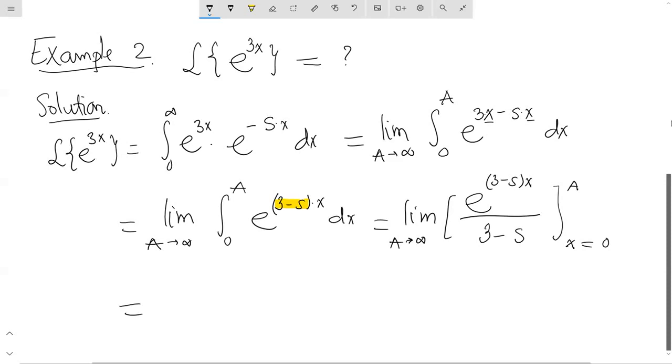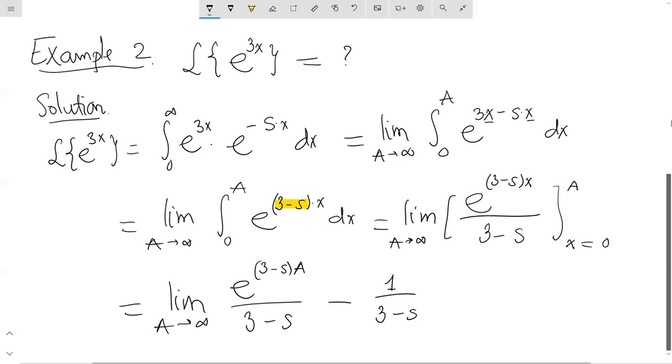We plug the values in. We have e to the 3 minus s times a over 3 minus s, then minus, plug x with 0 in, we have e to 0. As before, we get 1 over 3 minus s.